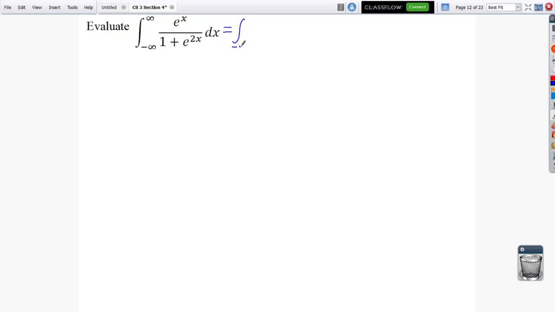We want the integral from negative infinity to some sort of placeholder. The placeholder that I'm going to use here is just the placeholder that I always use, 0. So we've got the integral from negative infinity to 0 of e to the x over 1 plus e to the 2x dx.